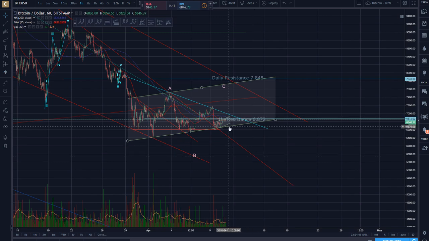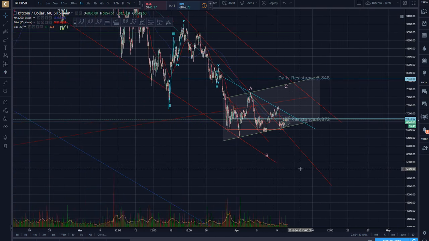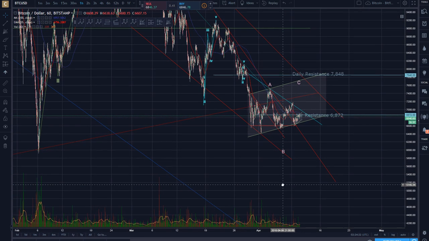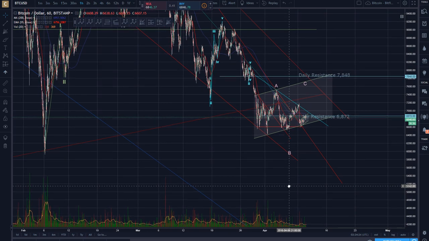If we don't break this angle, let's say we come down and this angle is acting as an area of support, well, I'm not actually going to be all that bearish. Yes, the angle is somewhat steep, but even still, I'm not going to be super bearish. I mean, we can continue to move down, don't get me wrong.